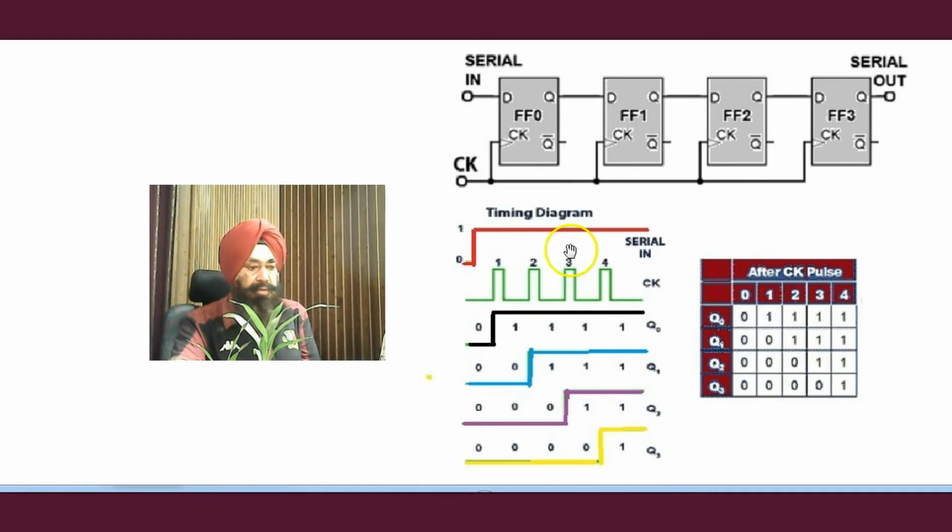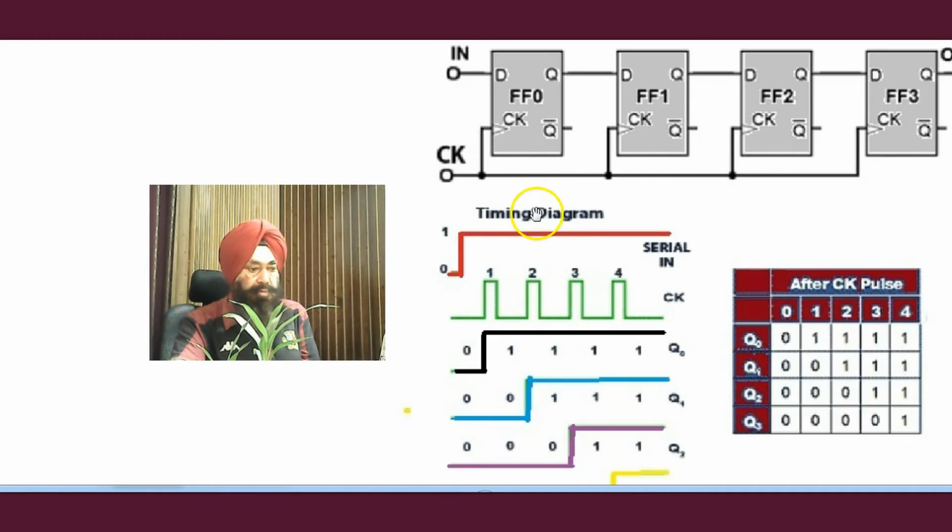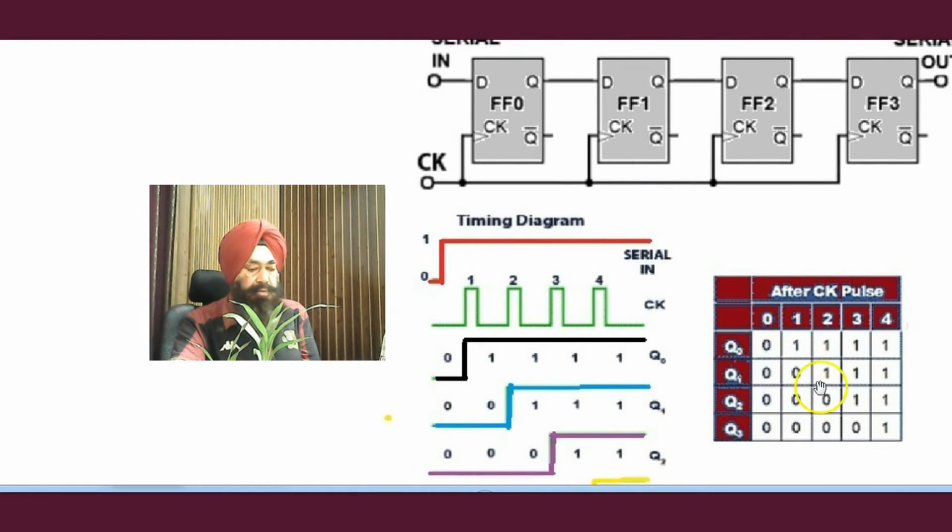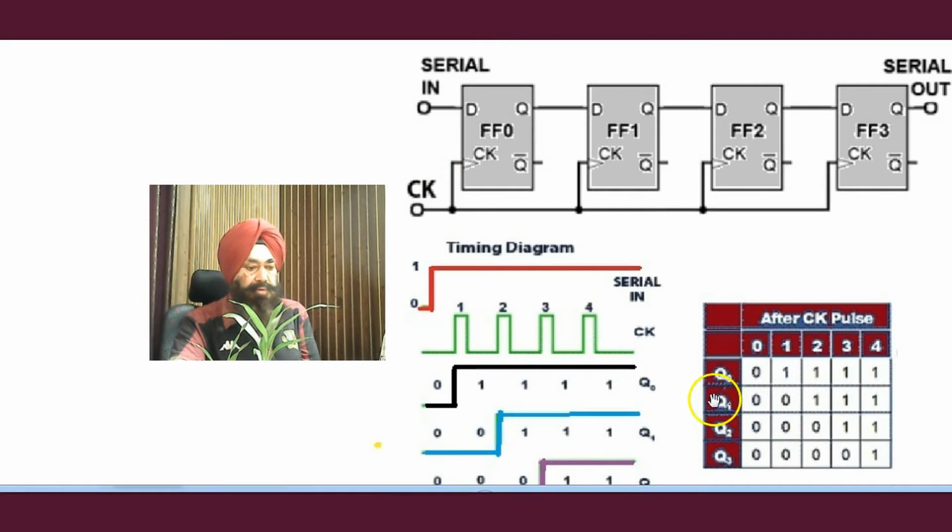Now looking here, this is a table with Q0, Q1, Q2, Q3. Initially there is no clock pulse. The outputs of Q0, Q1, Q2, Q3 are all zeros: 0 here, 0 here, 0 here, 0 here. Now let the data arrive here.